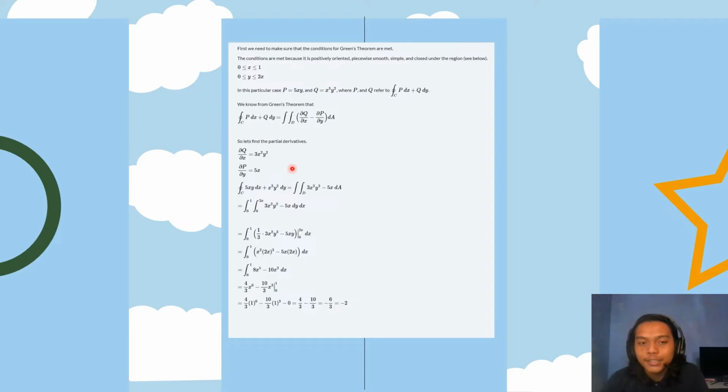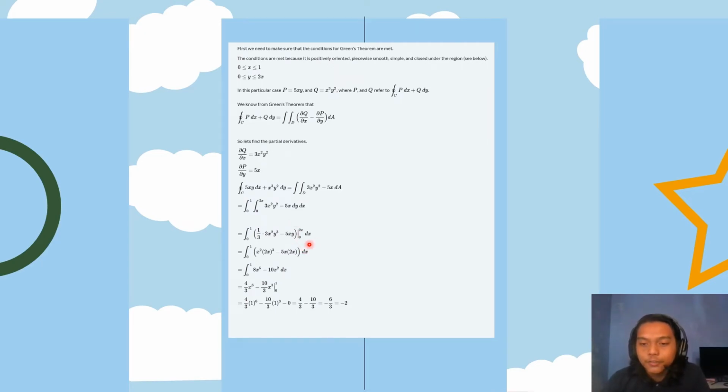Once we get the partial derivatives of Q and P, we bring them into the equation. We get 3x squared times y squared minus 5x. Next, we bring in the limits for x and y, so we get it like this. As you can see here, this is dy dx, so we need to integrate with respect to y first.